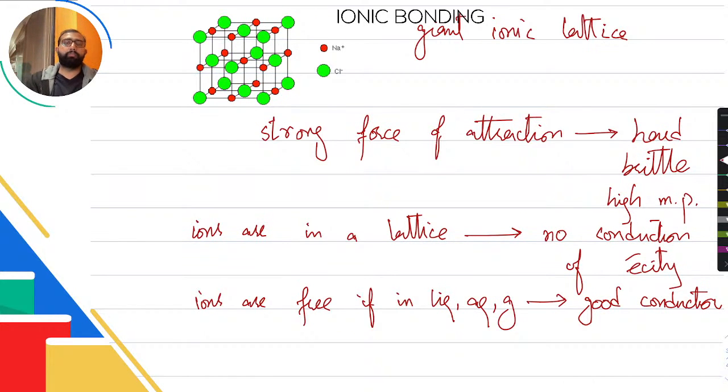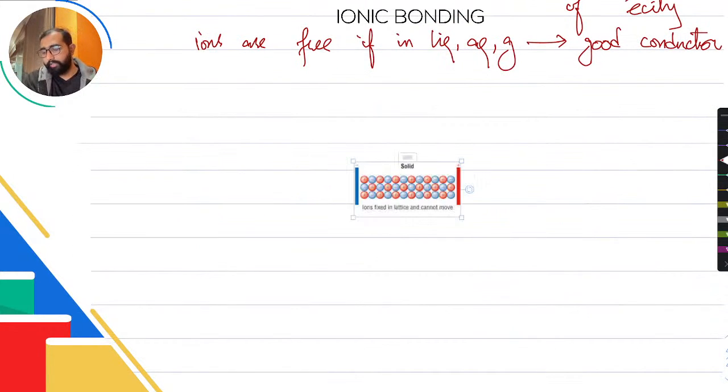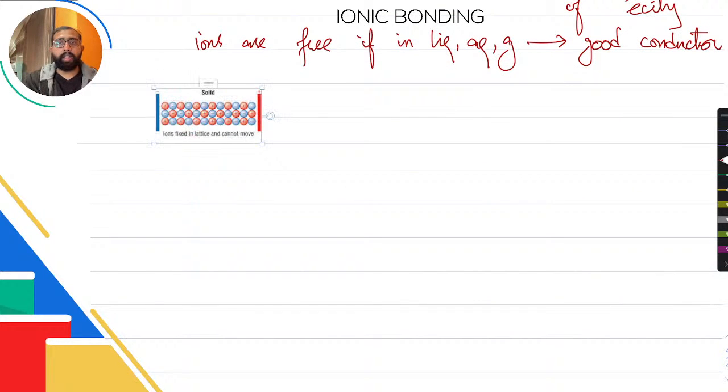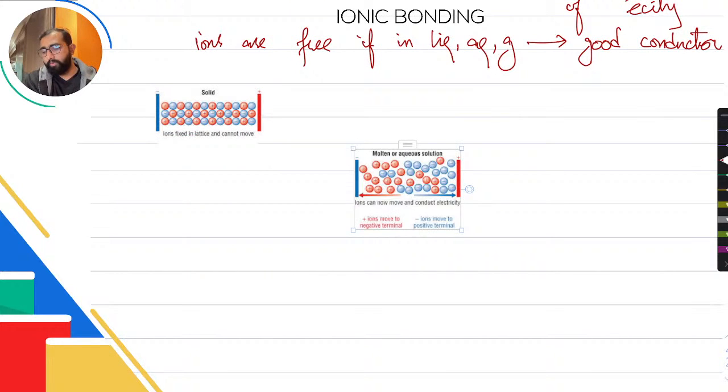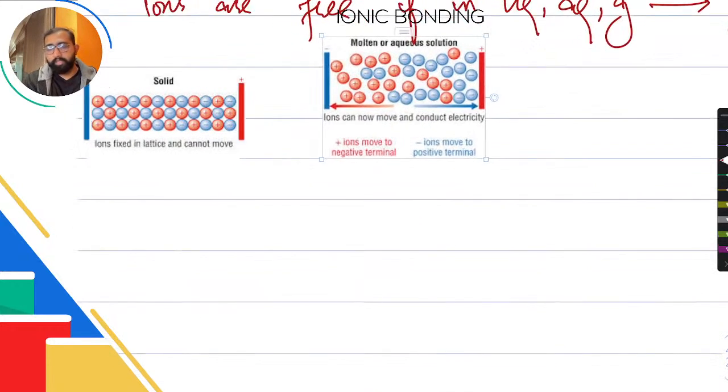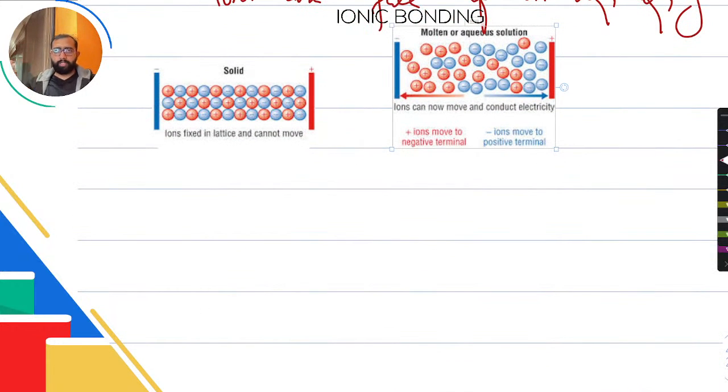All right, so just take an idea that this is a solid. In this case, ions are not free, they're held in place. And this is a liquid, as you can see. Now, where do ions move? They move towards positive and negative terminals. If you have a negative side and a positive side and put a solid in there, ions are not going to move. But if you melt it, all the cations are going to rush towards the negative side and all the anions are going to rush towards the positive side.